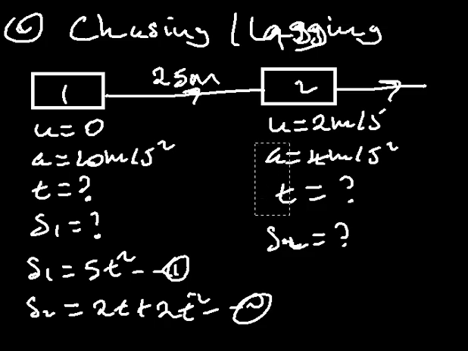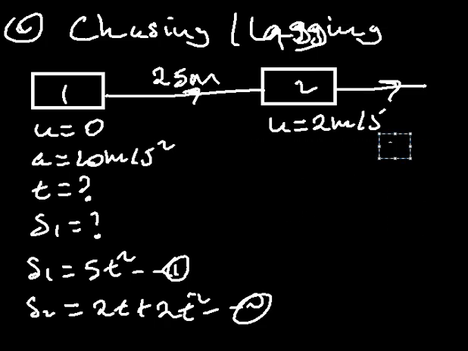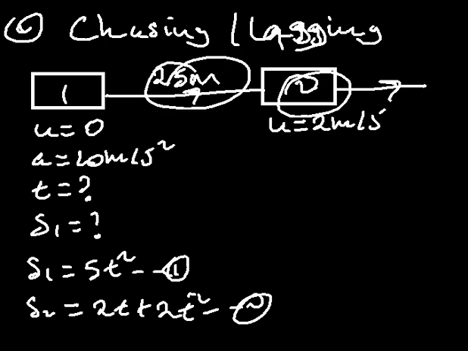But you need to understand that as object 1 is to catch or overtake object 2, first it has to cover this separation distance, and also the distance object 2 has traveled as object 1 was covering that distance.